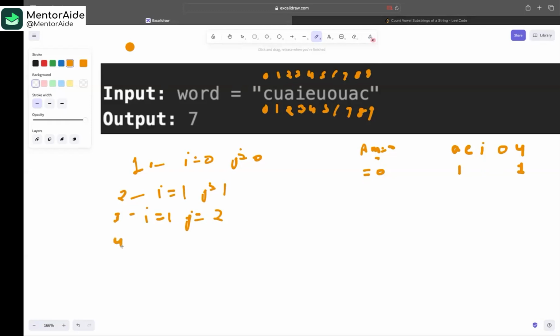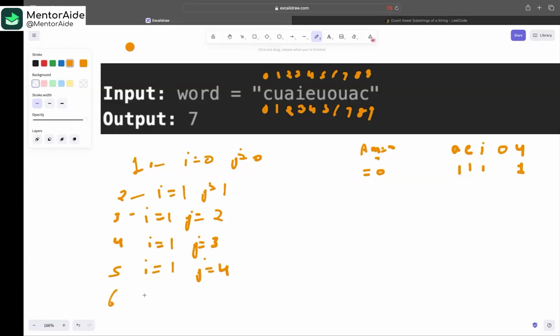Next one: I is 1, J is 3. At 3 we have I. So I will become 1. Fifth one: I is again 1, J is 4. At 4 we have E. E became 1.